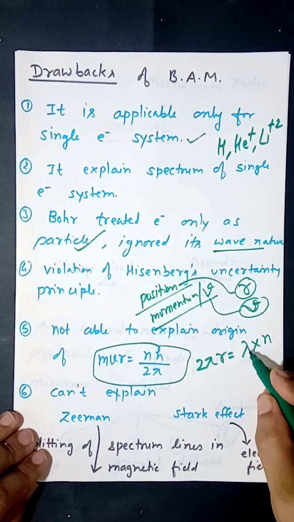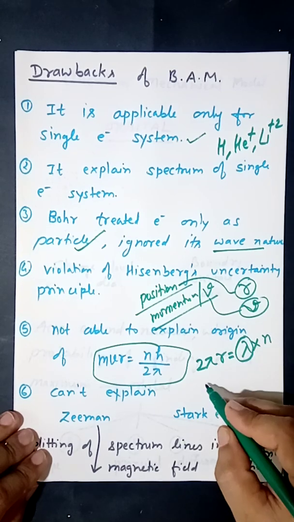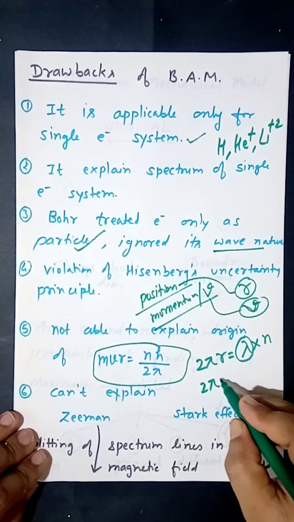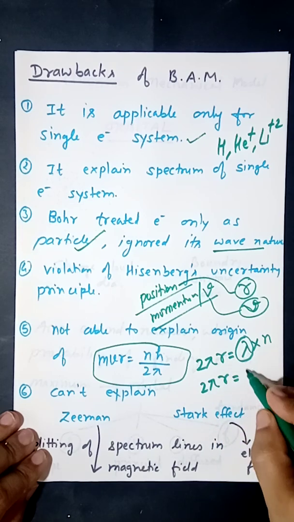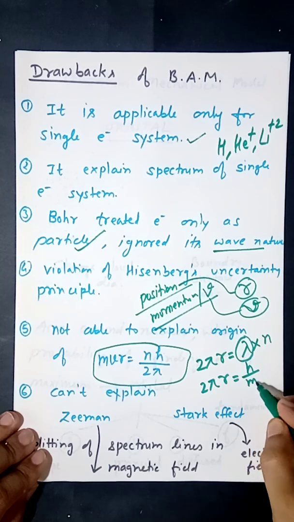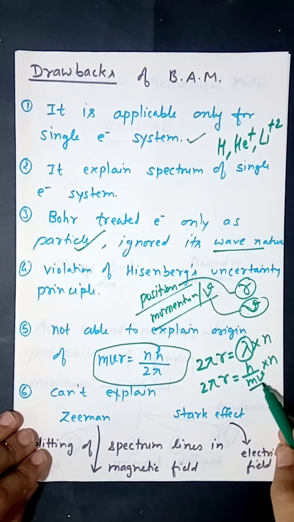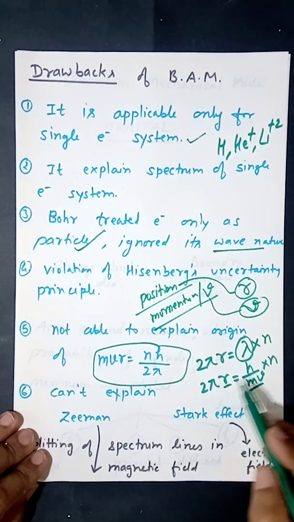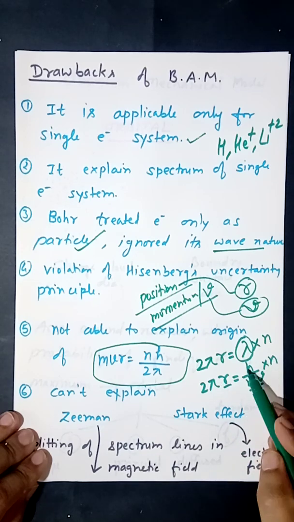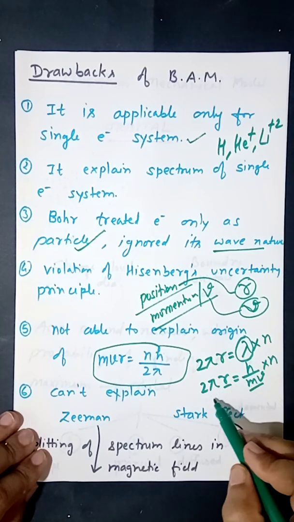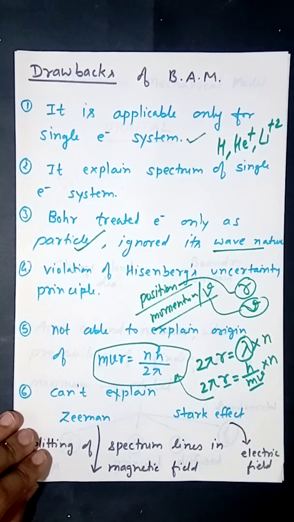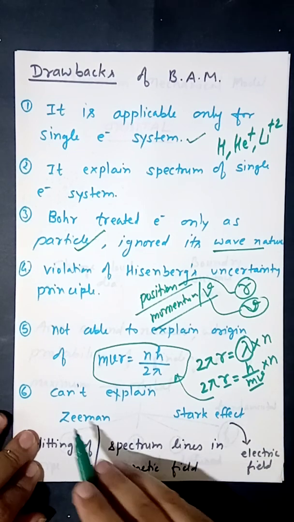When you replace this with the de Broglie principle, it becomes 2 pi r equal to h upon mv into n. And now you can see mvr equals nh upon 2 pi. So from here you can derive this formula, but Bohr was not able to explain how this formula came to his mind.